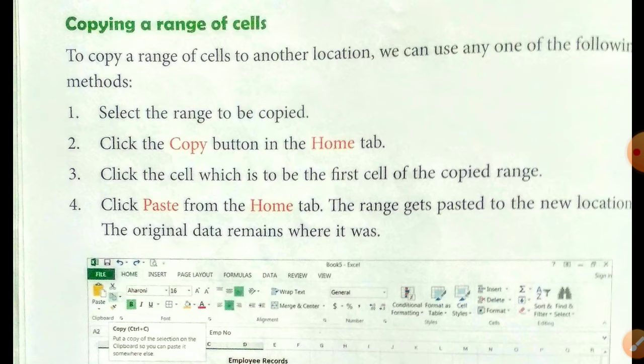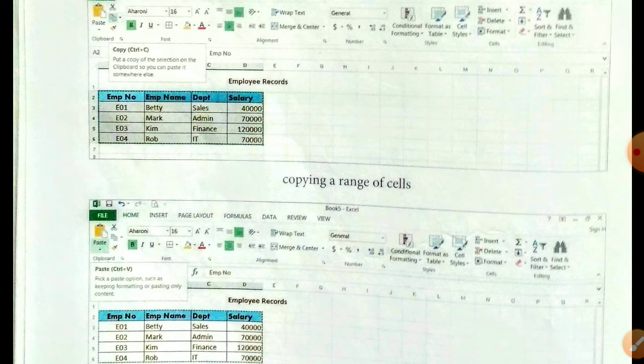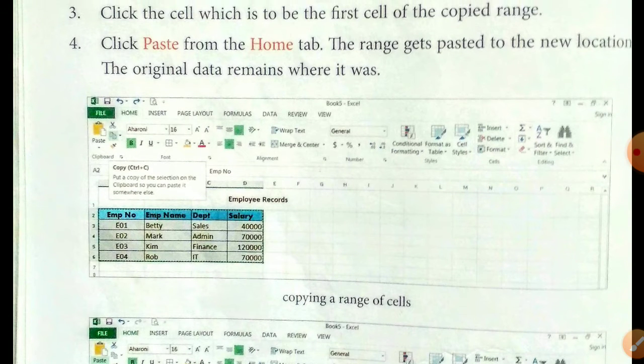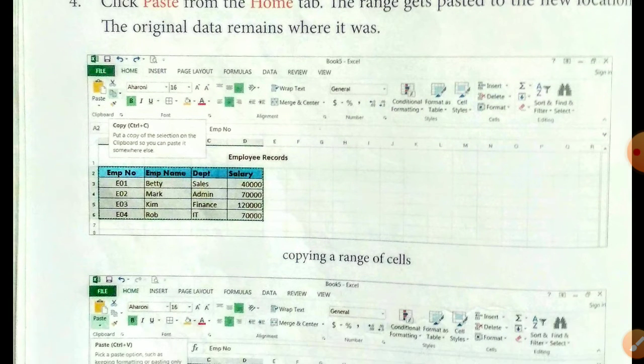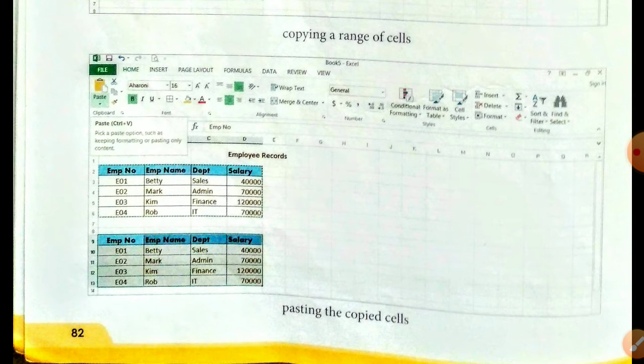Then step number 4, click Paste from the Home tab. The range gets pasted to the new location. The original data remains where it was. You can see first it was here, then after copying you can see one more, the same text.